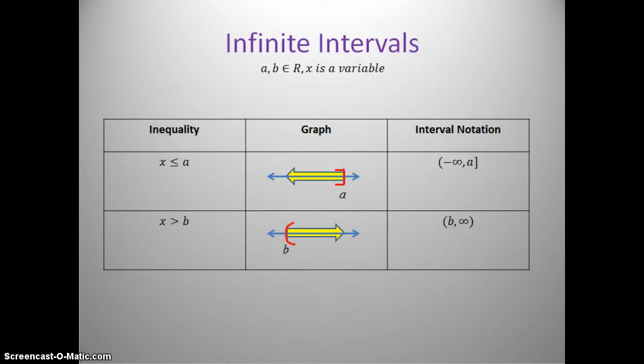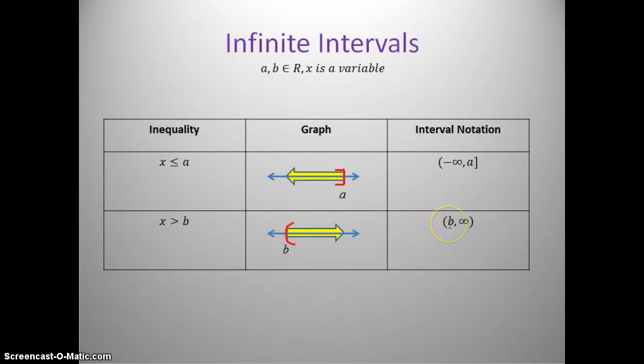Now the next example goes in the opposite direction, so here x is greater than b. Now we're taking all values that are larger than b, so on the number line those are values that are to the right of b. Since in this particular case b is not included, we're using parentheses, but b certainly could be included if we had greater than or equal to here.